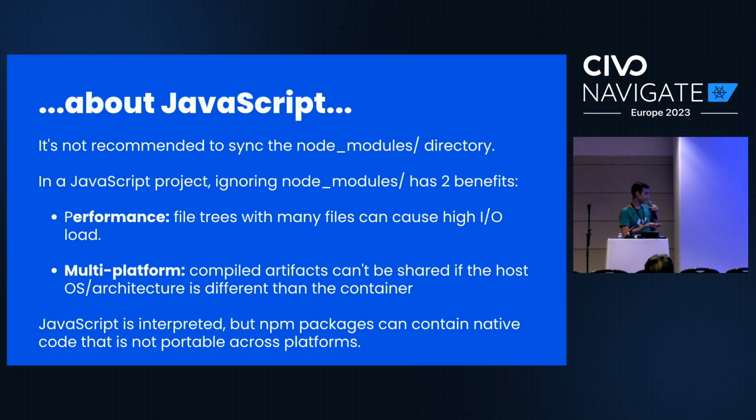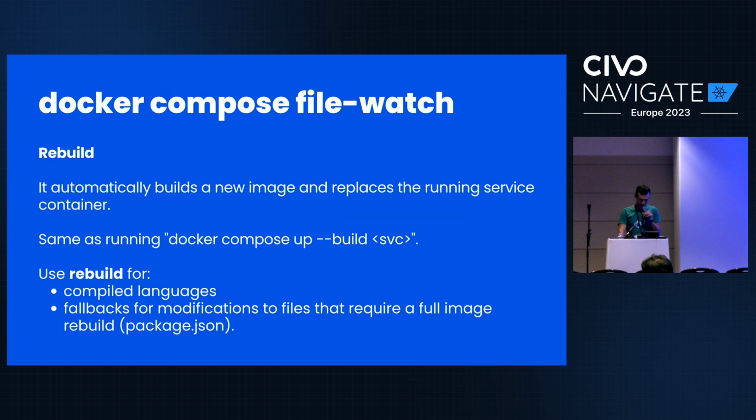We should never bring around this node_modules folder, also because we know all the memes about the sizes and so on. So even if JavaScript is interpreted, usually it's better to keep these npm packages on your local machine.